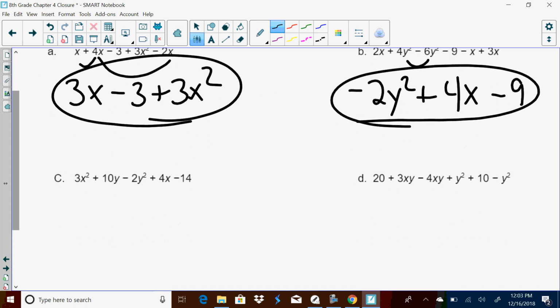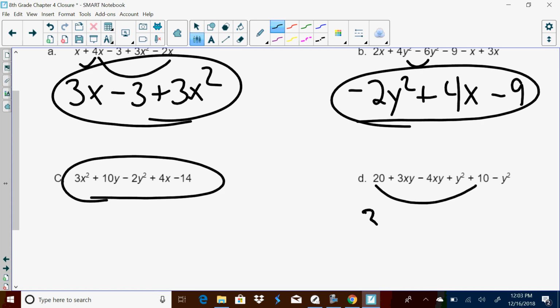C, I have no other x squared. C is already simplified. And then D, 20 plus 10 is going to give me 30. This is going to give me a minus xy, and these cancel out.